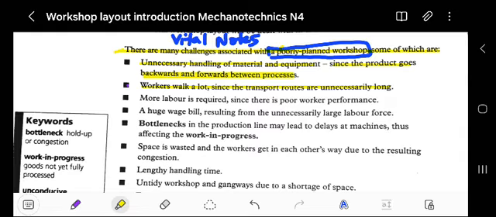So another one, more labor is required since there is poor worker performance. These two are very simplified.